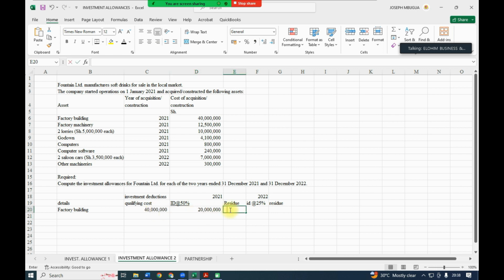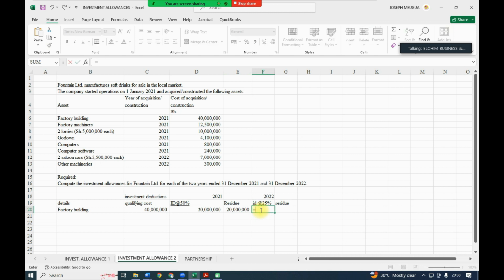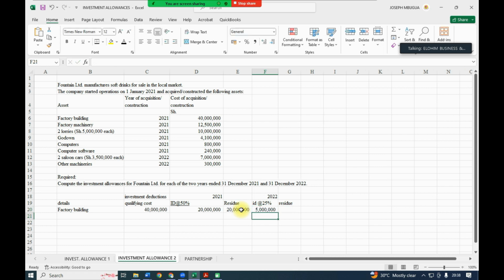The balance that will remain will be the residue minus the ID, we remain with 20 being the residue. So the second and subsequent year we shall calculate 25% of the residue. Remember, now this is not straight line. We'll be basing on the residue, not this one. The first residue is what we'll be basing on when you're calculating the 25%, and you get the residue.